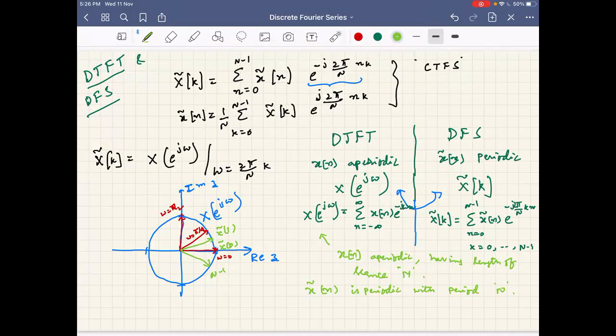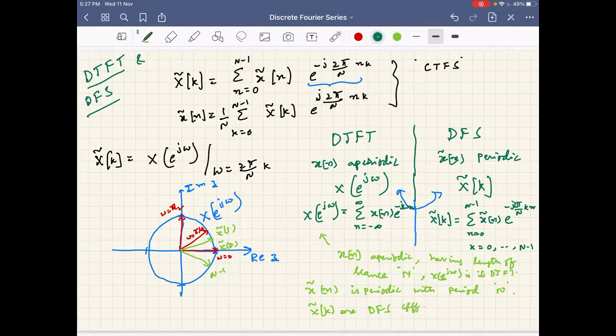The aperiodic sequence has length M, and X(e^jω) is its discrete time Fourier transform. And x tilde is a periodic sequence with period N, and X tilde of k is its DFS, our discrete Fourier series coefficients.